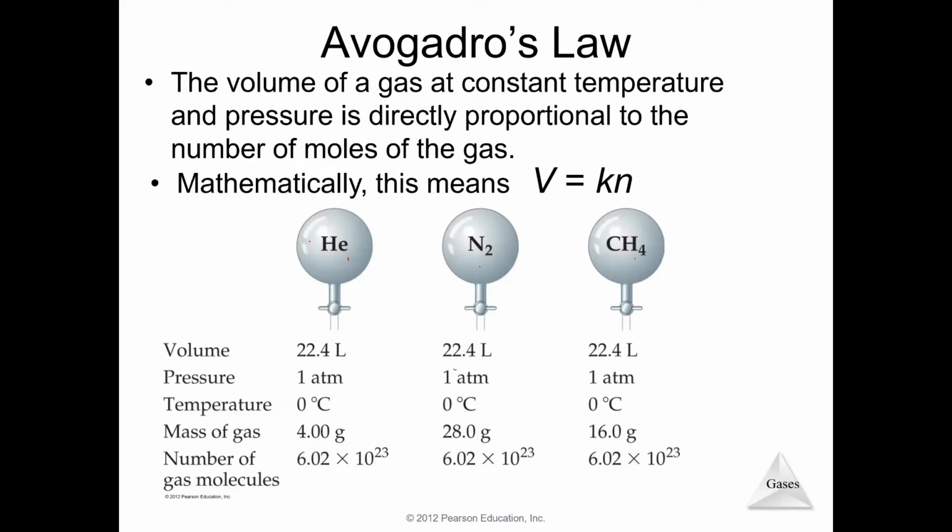Now, obviously, they will have different mass for 1 mole of each compound, right? 1 mole of helium would be 4 grams. And then 1 mole of nitrogen consists of 2 nitrogen atoms, 2 times 14, that's 28. And the same goes for methane, with carbon and hydrogen.